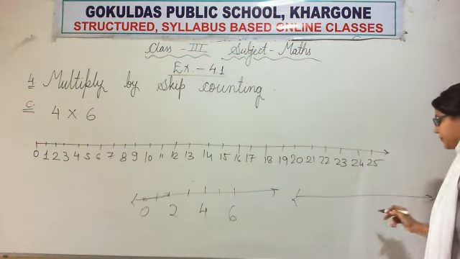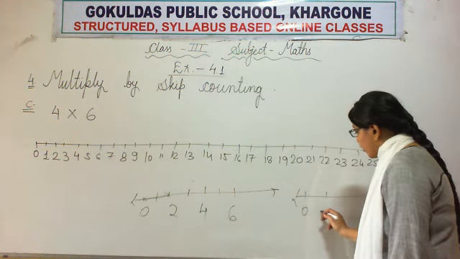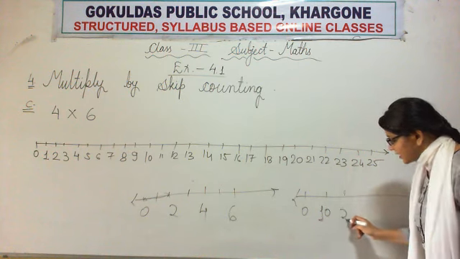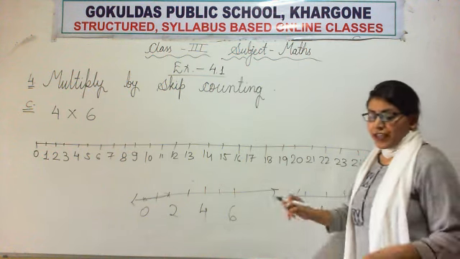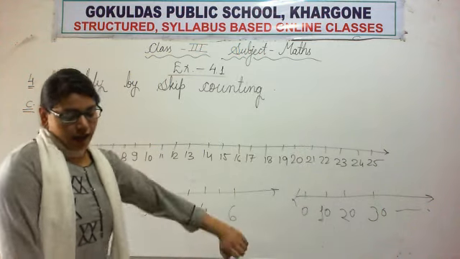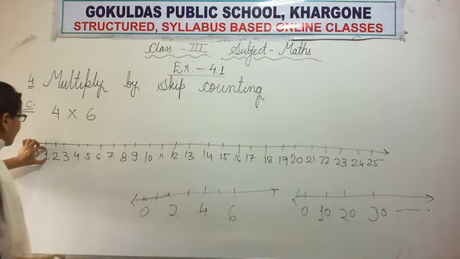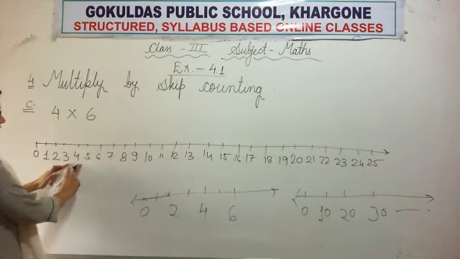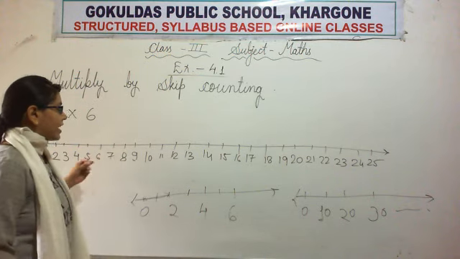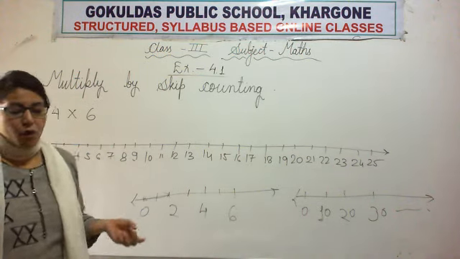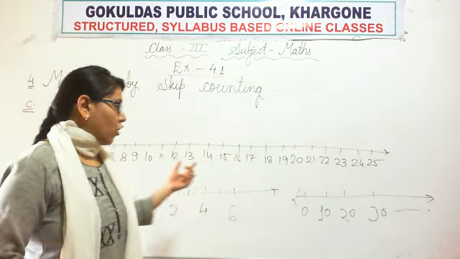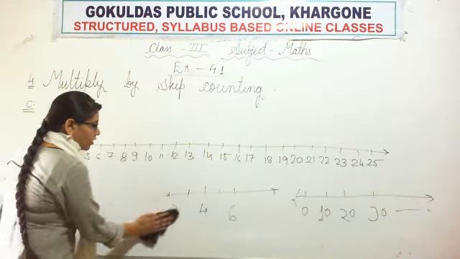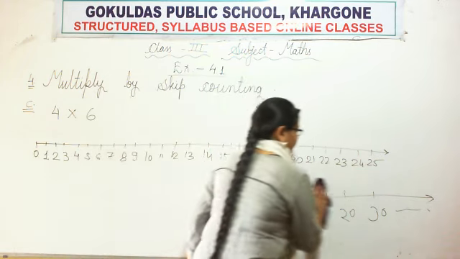Or after 0, if we had written 10, then the next number will be 20 and after that 30 and so on. So in the book they had skipped 1, then 3, then 5, then 7, then 9. I had written all the numbers for your convenience. So this is also correct and that in the book is also correct.